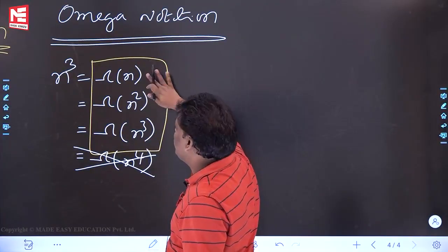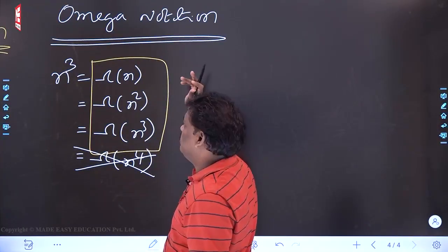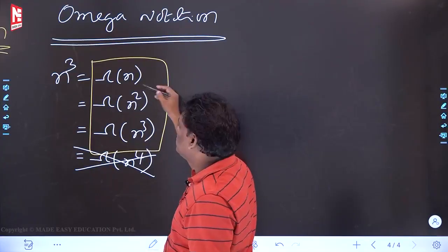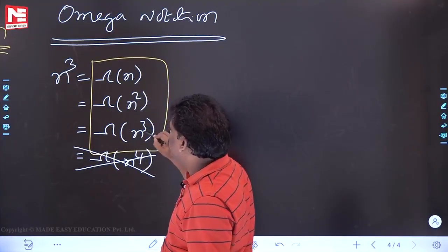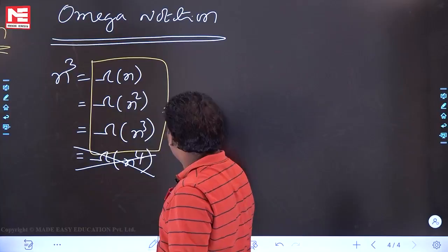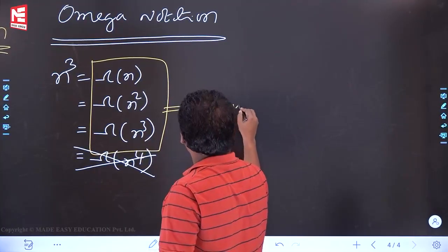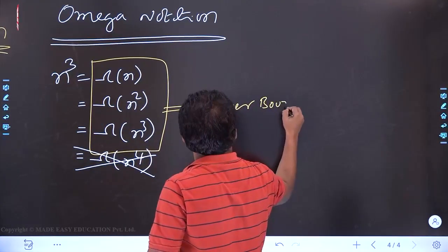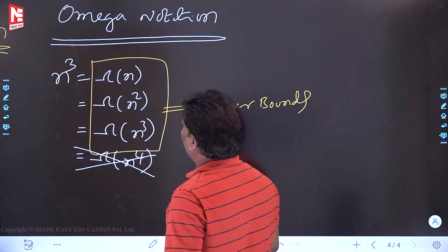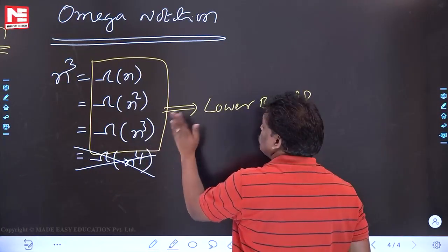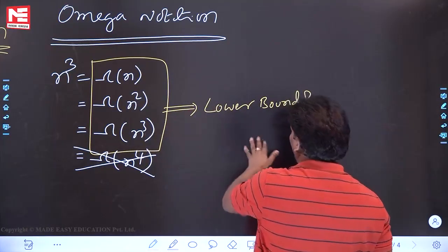Because the right hand side is smaller, smaller or equal ones will be there, which are nothing but lower bounds. In omega notation, right hand side, smaller or equal ones will be there, which are known as lower bounds.